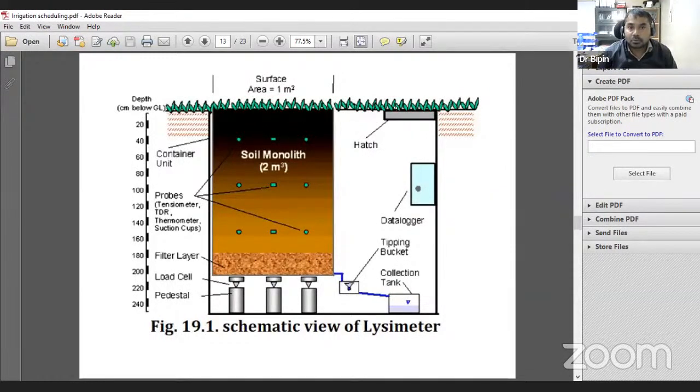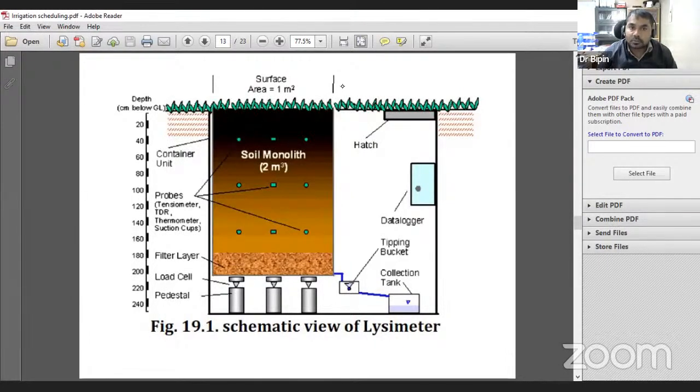The type of soil will be the same as in your field, but that drum will be fitted over some weighing devices. What crop we grow in the field, the same crop we grow in this drum, and we follow similar cultural practices. So actually we call it a lysimeter.